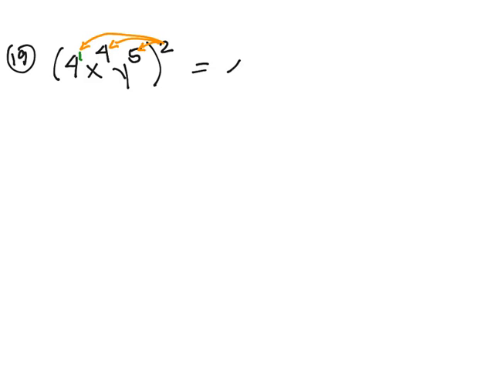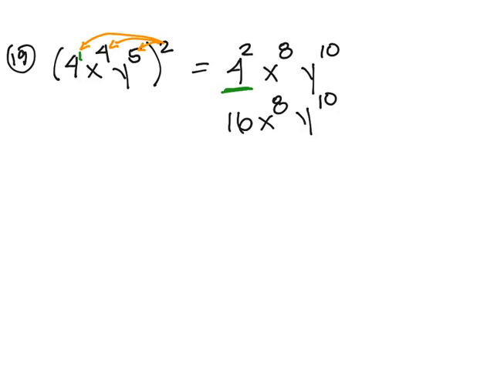So that would give us 4 to the 2nd power, x to the 8th power, and y to the what? 10th power. Now when you look at your answer choices, they have already simplified 4 squared. What is 4 squared? 16. So you're looking for the choice that's going to say 16, x to the 8th, and y to the 10th. Does everyone see that?